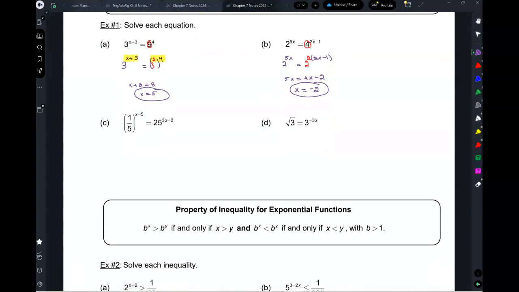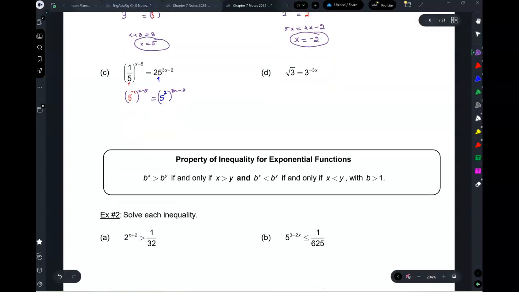All right, so in the case of this one, I have 1 over 5 and 5. Okay, definitely there is a common base of 5 there, but they both need to be worked with, right? So the 1 over 5 can be written as 5 to the minus 1, to the power of x minus 5, equal to, this can be written as 5 squared to the power of 3x minus 2.